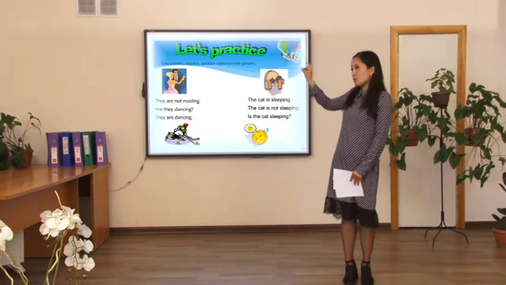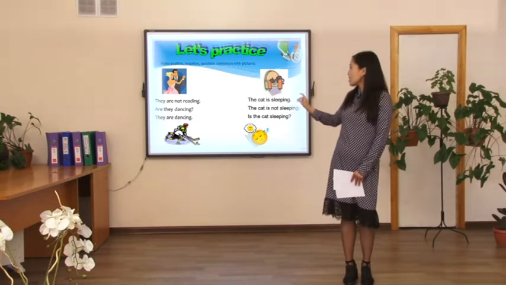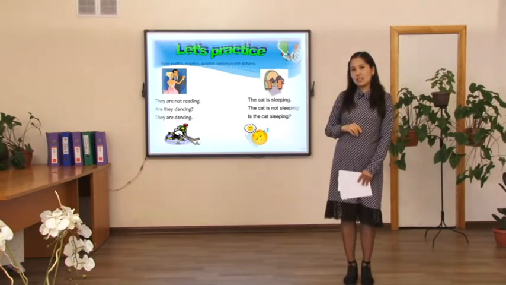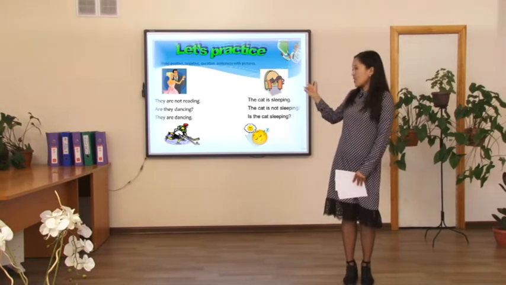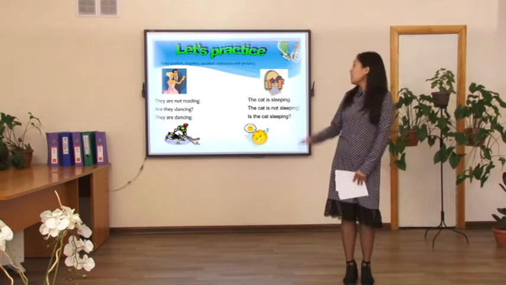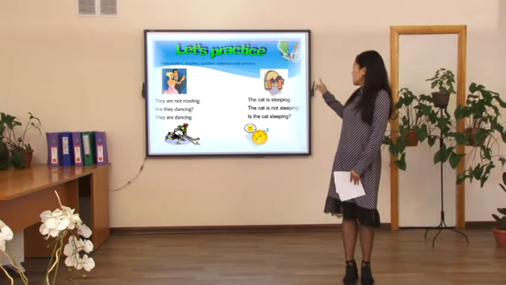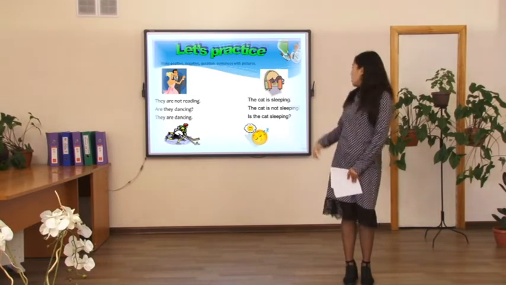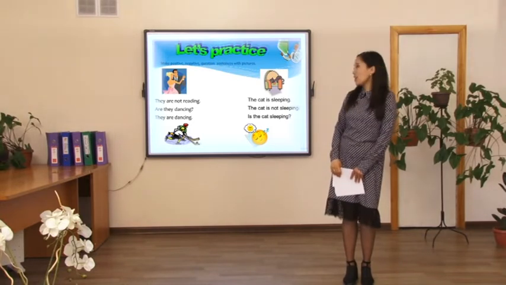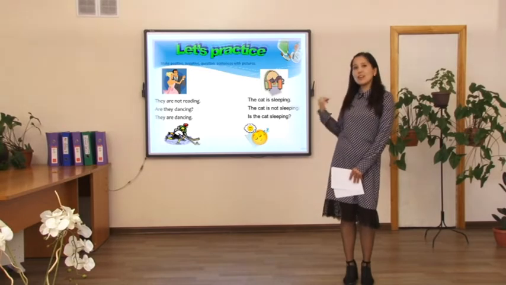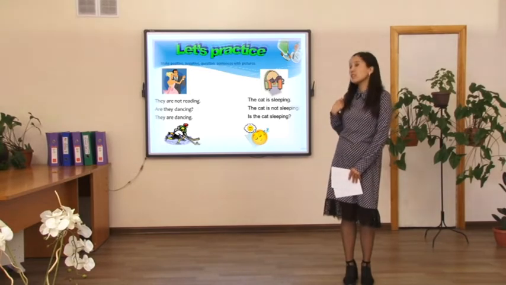It's our negative form. Next, are they dancing? It's question form. They are dancing. It's positive form. Next picture, the cat is sleeping. The cat is not sleeping. It's negative form. And question form, is the cat sleeping?